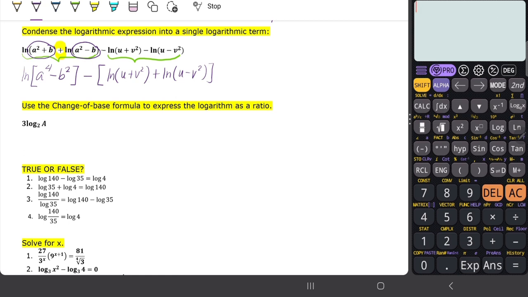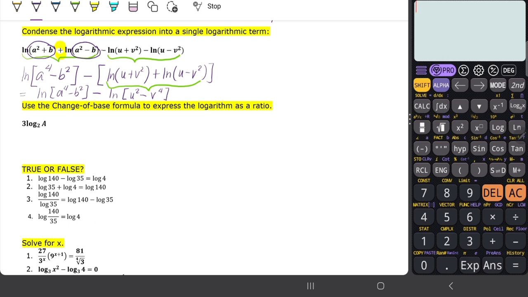Okay? Now, by product rule again, we can combine these two terms. Okay? So this is ln of u squared minus v to the 4th. So simplifying now, we have ln of a to the 4 minus b squared minus ln of u squared minus v to the 4th.